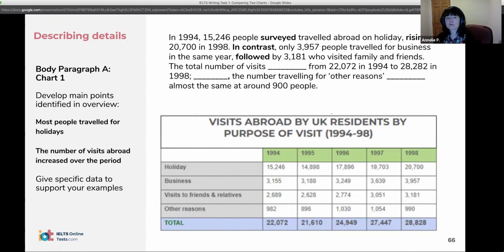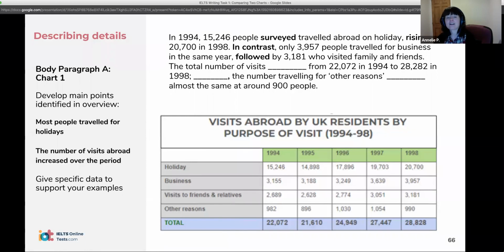Then we need to add some more details. So now we're looking at the total number of visits. So what could it be? Couldn't be whereas, Barbara. It would have to be followed by. What can we put after the total of, think about your tenses, guys.